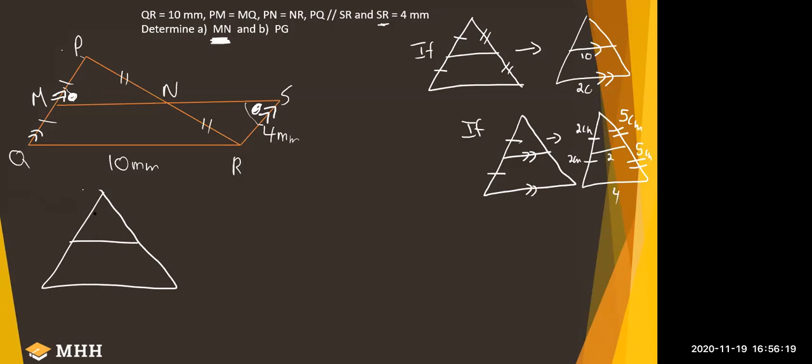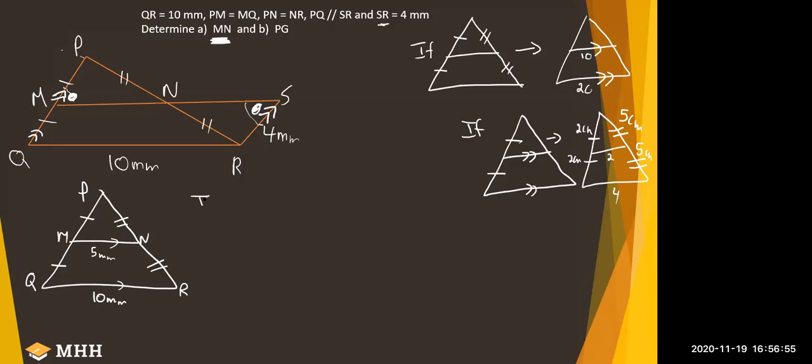So what do I have? I have this one is equal to this one. I have PN is equal to NR. So what do I know from this? They gave us that QR is 10 millimeters. So from this, I can now say that therefore, this side will actually be parallel to this one, and MN is going to be 5 millimeters.